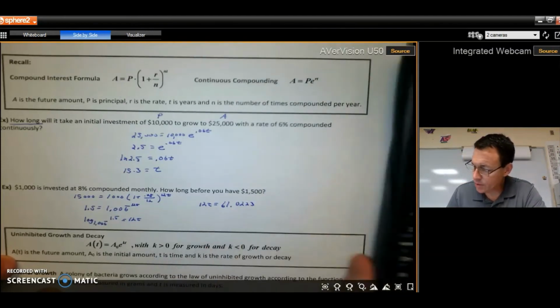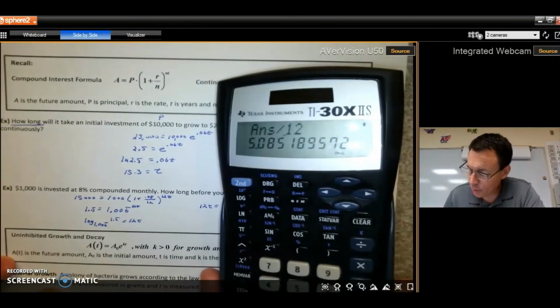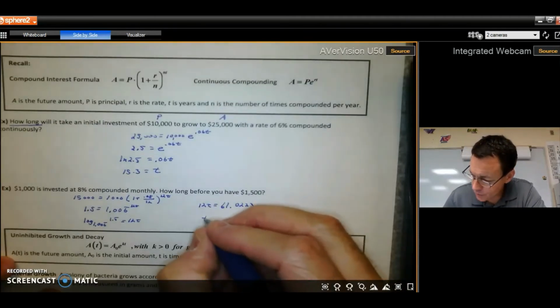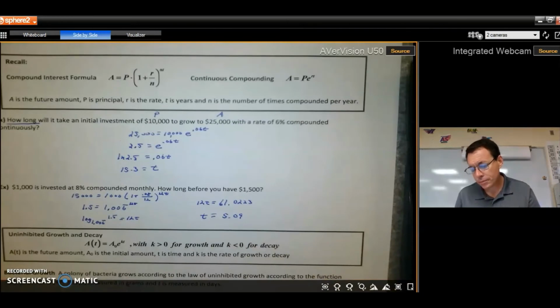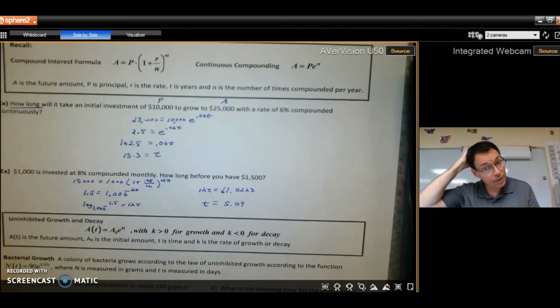And then we're going to divide by 12. So divide by 12, and I get, let's call that 5.09. So t is 5.09. So it'll take you about 5 years to turn $1,000 into $1,500 at that interest rate. Okay, so those are some money problems.